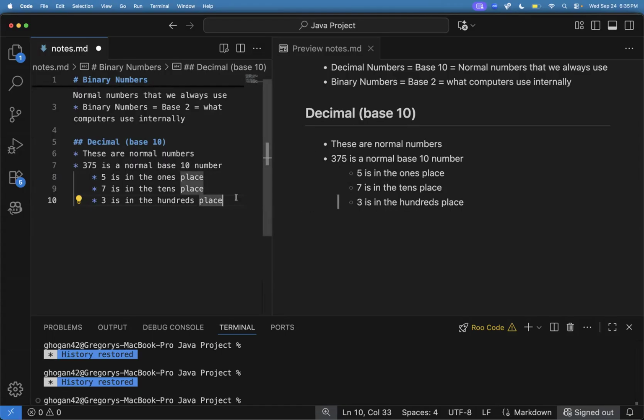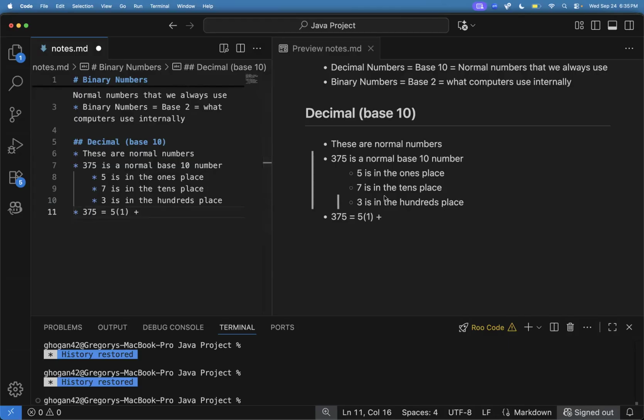What that means is that if we took this all together, 375 is equal to 5 times 1, because 5 is in the ones place.